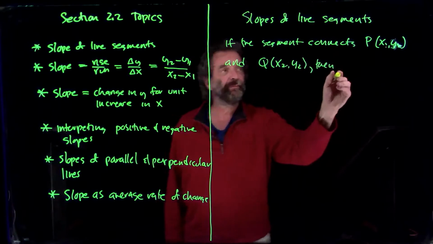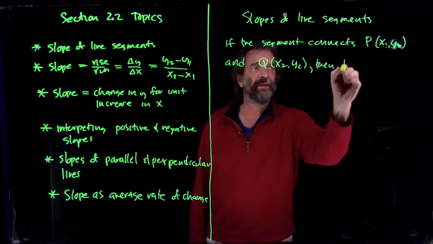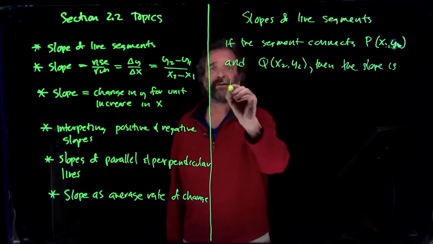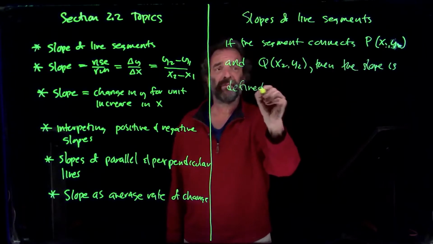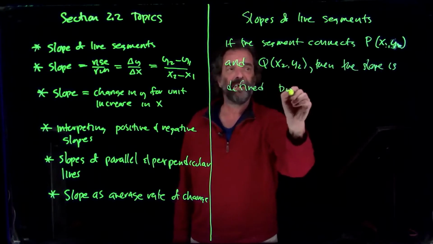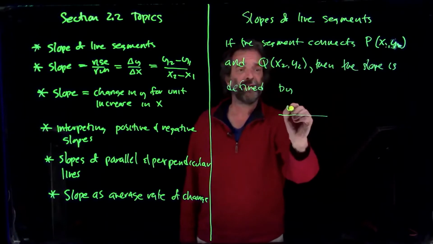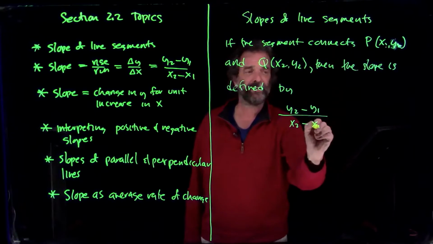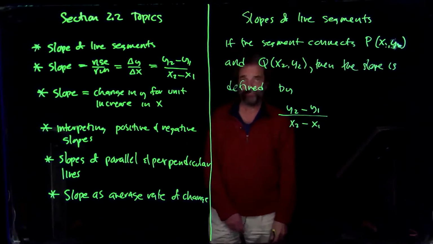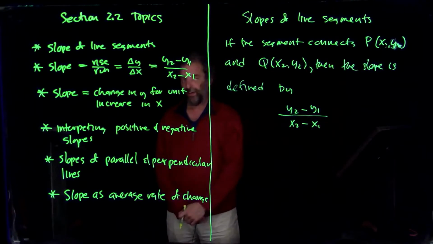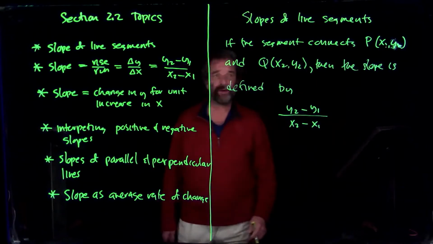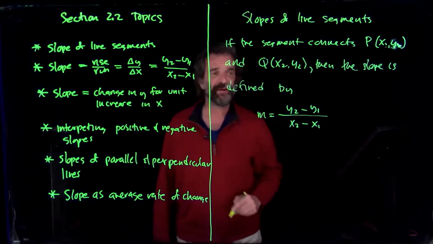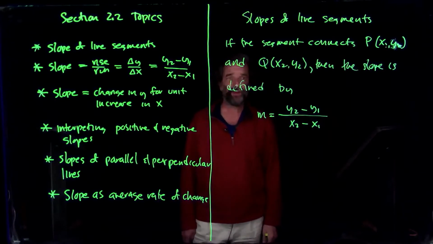Then the slope is defined by the fraction y2 minus y1 over x2 minus x1. Okay, and ordinarily we're going to call slope m. Reserve the letter m to stand for slope.